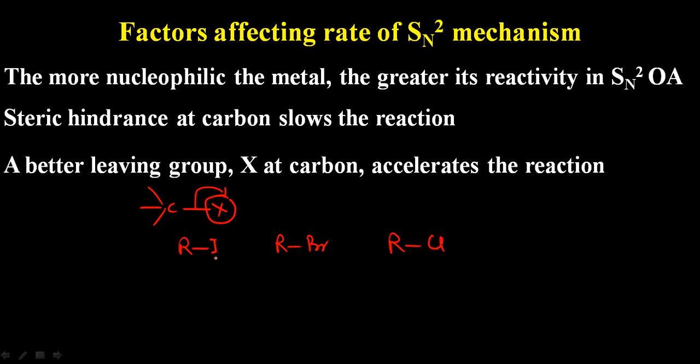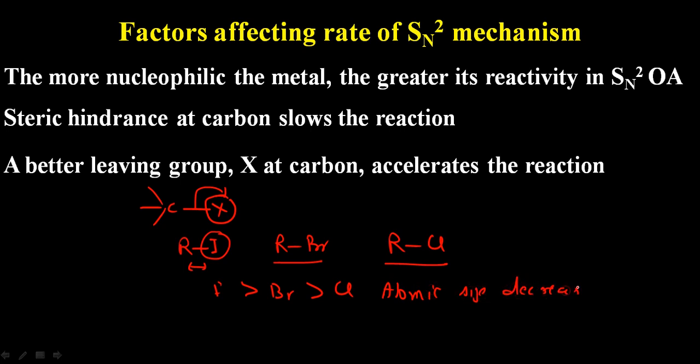Because of the larger size of iodide, this bond is weaker and hence can be easily cleaved as compared to RBr and RCl, because as we move from I to Cl, atomic size decreases and this leads to a stronger bond. So the C-Cl bond is stronger and difficult to cleave, hence the rate of reaction will be faster in the case of iodides as compared to bromides and alkyl chlorides.